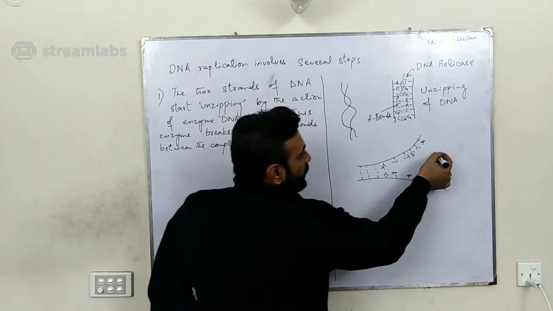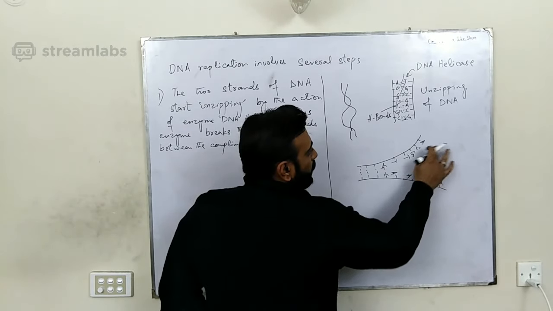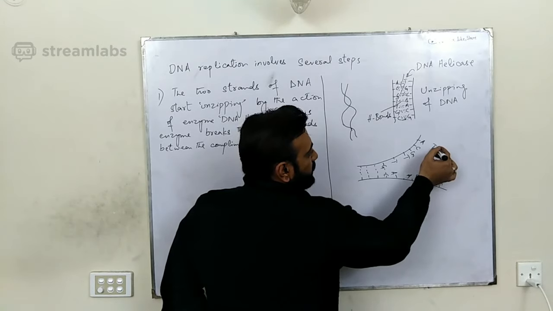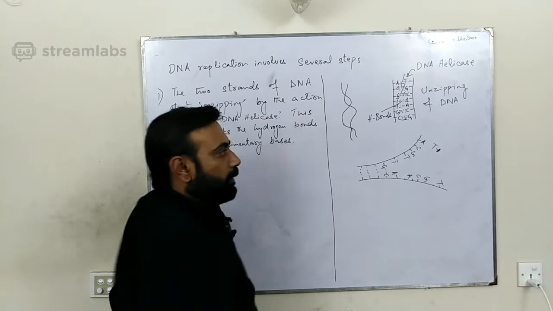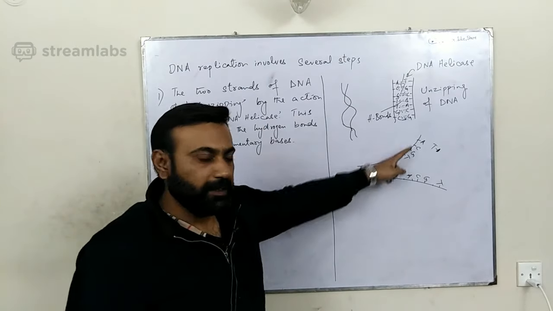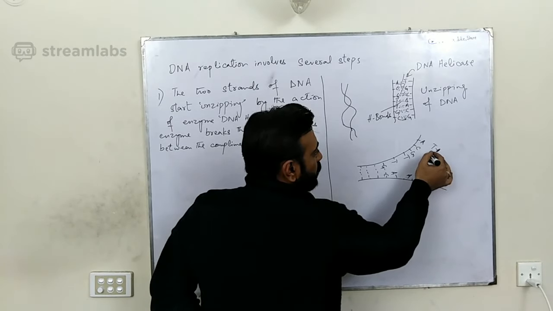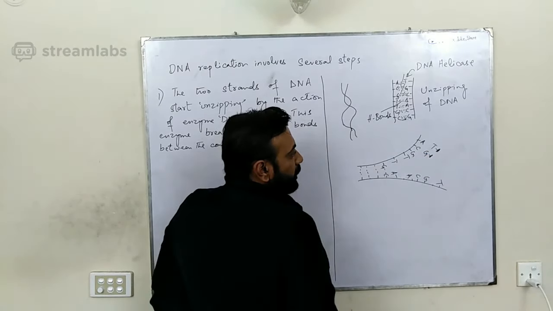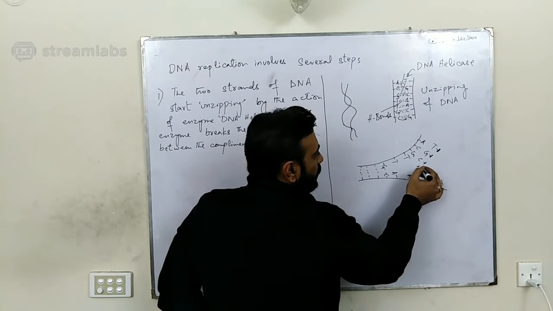So a new nucleotide with thymine will place itself in front of this adenine nucleotide. A new nucleotide with guanine will place itself in front of this cytosine. Similarly, it would carry on.